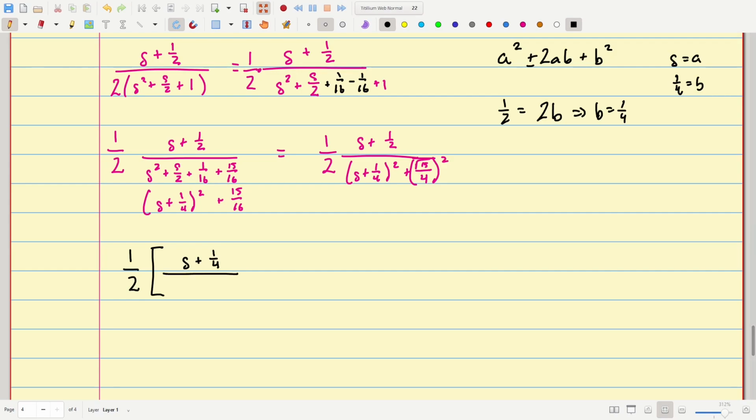One of those expressions requires that our thing in the numerator match the thing that's in the denominator here. Okay, so I need this to be 1/4, so I need to split off 1/4 from 1/2. So instead of writing it as 1/2, I'm going to write it as 1/4 plus 1/4.